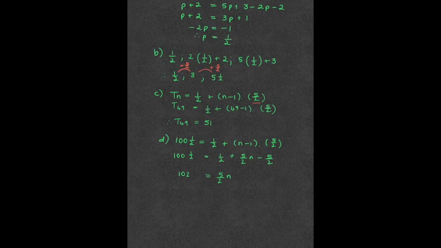Okay, so now we need to solve for n, so we're going to divide both sides by 5 over 2, and we will get that n will be 41. All right, so the 41st term would have a value of 100.5. Remember, you can always sub this answer back into your nth term and check whether you are right or not.